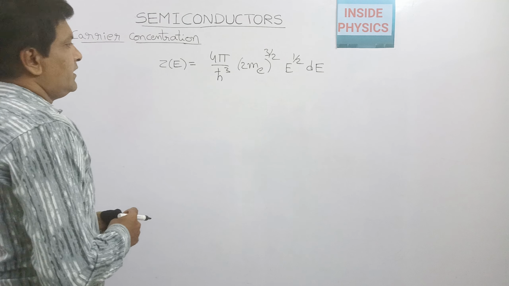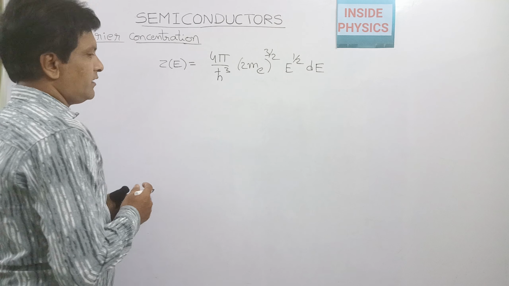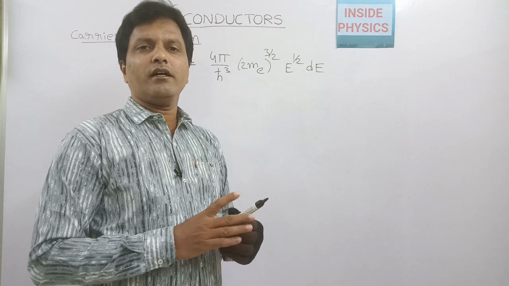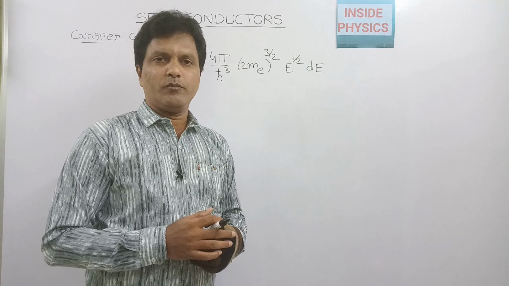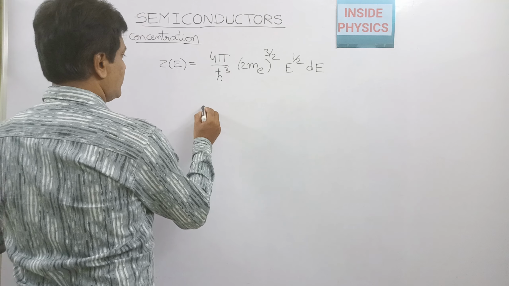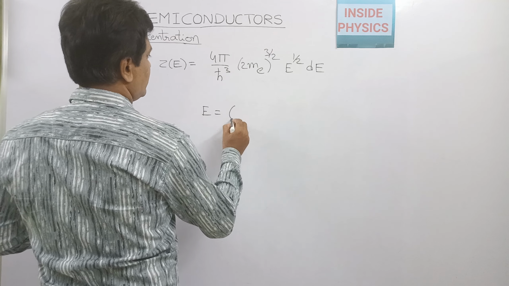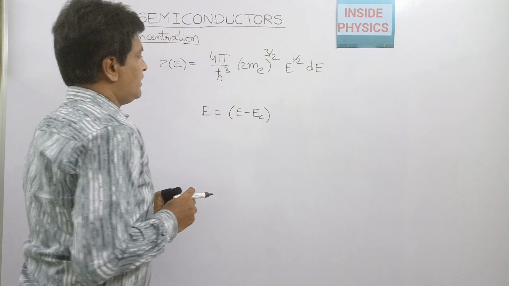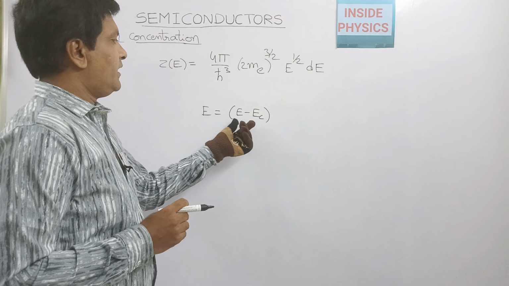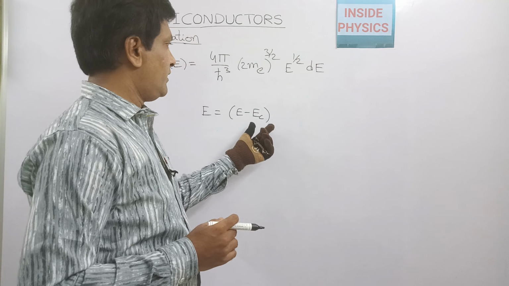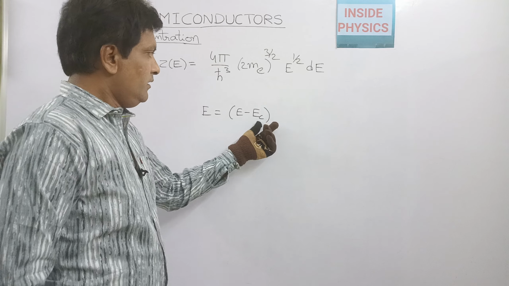If we consider the kinetic energy, in the conduction band the electrons will be continuously moving throughout the material. So the kinetic energy is considered as E = E minus E_C. This is the kinetic energy, and E_C is the potential energy of the electron at rest in the particular energy state.